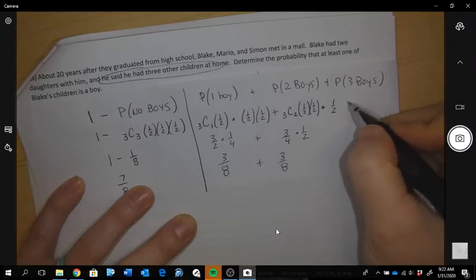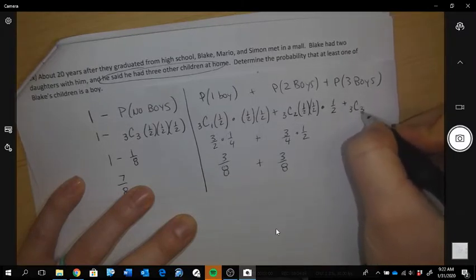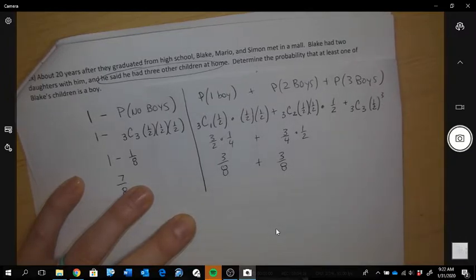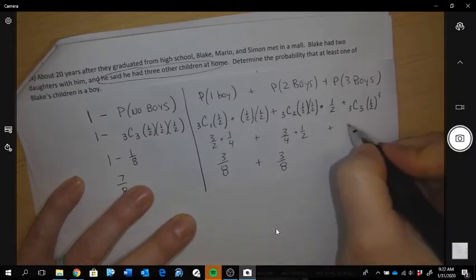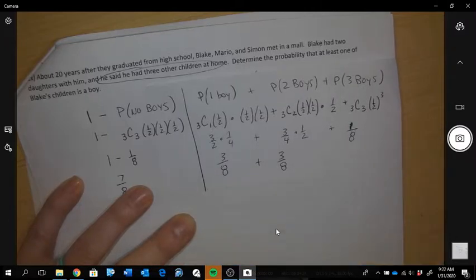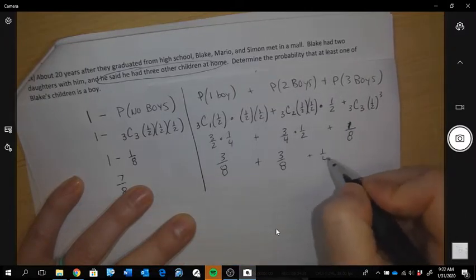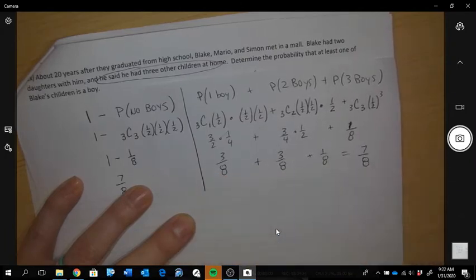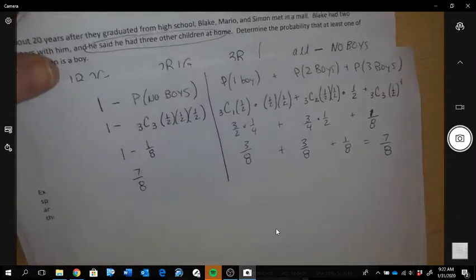And if they're all boys, I would have the 3, and I would choose all 3 to be boys. And then I'm going to write that as 1/2 cubed, because 1/2 for each of the 3 boys. So that is 1 over 8. So 3, 6, 7, 8. So you can see how you come to the same thing.